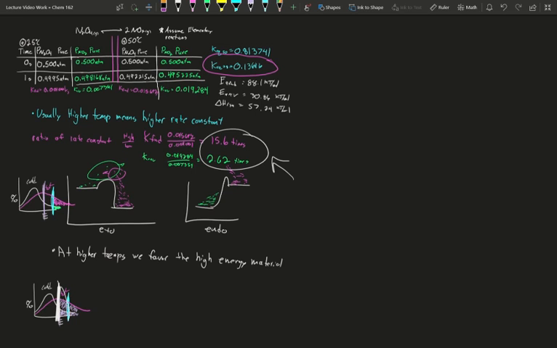And so depending if it's an exothermic or endothermic reaction will determine whether your K gets larger or smaller with a temperature increase. The reason for it is the relative amount of the increase in our rate constants, based on the number of particles that have the energy to go over the activation energy forward versus activation energy reverse at the different temperatures.